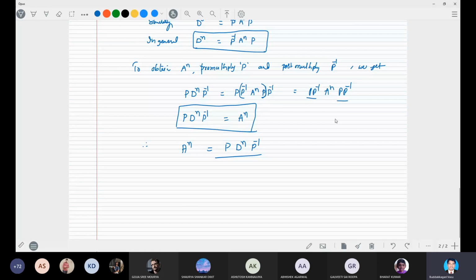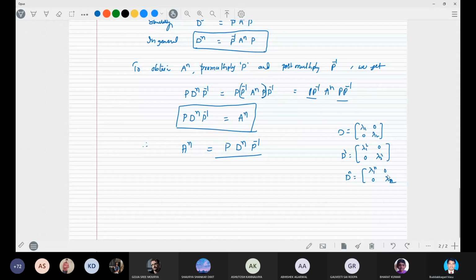Suppose D is equal to diag(lambda 1, lambda 2). So what is D square? It is diag(lambda 1 square, lambda 2 square). So D^n is diag(lambda 1 power n, lambda 2 power n).